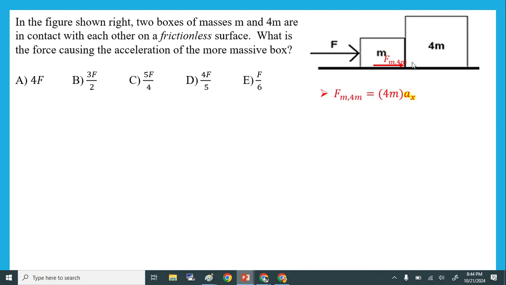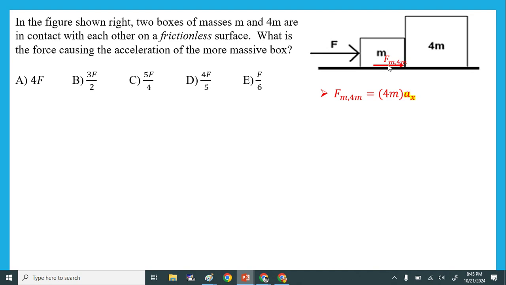All right, since it asks us to find this F of M onto 4M, I can just look at the block on the right. I'm going to focus my attention on the block on the right, because that's what the question is really emphasizing. Newton's second law says force equals mass times acceleration. But what is the force that's causing this 4M to accelerate?